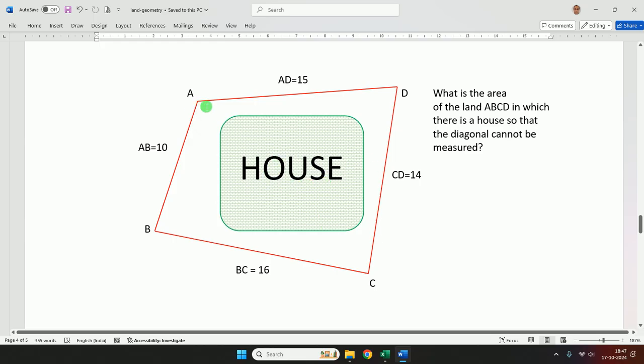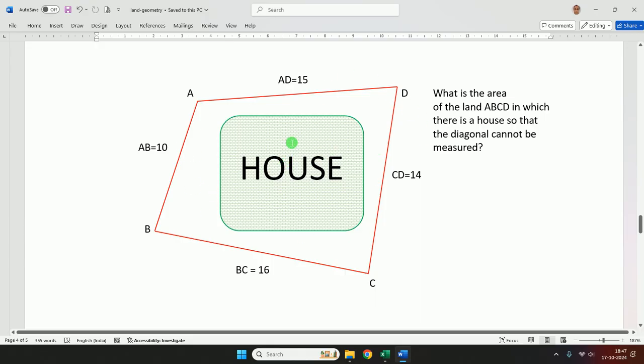The question is, what is the area of this quadrilateral where the sides are known? If this house were not there, then we could have measured one of the diagonals and then used Heron's formula to find the area of this quadrilateral.